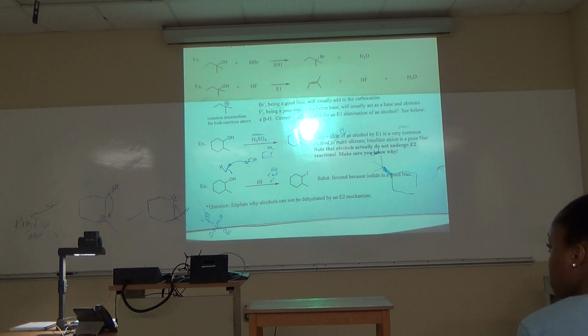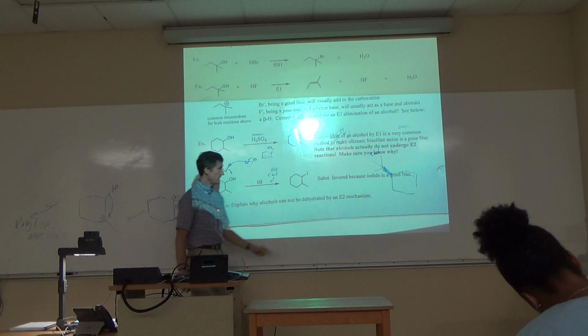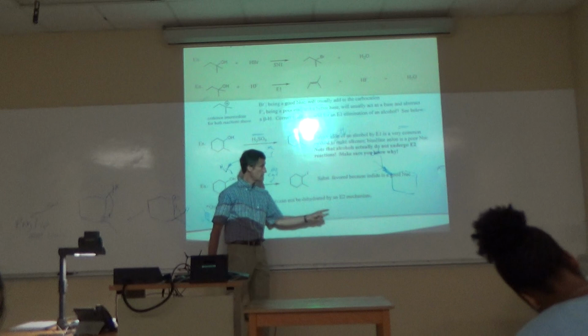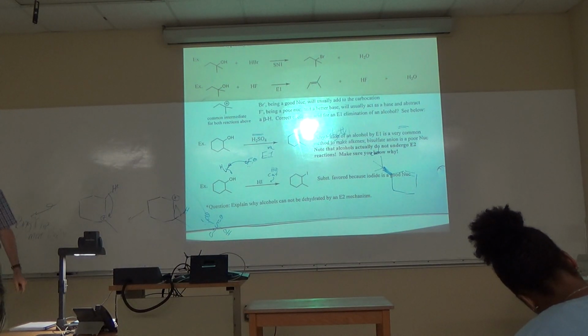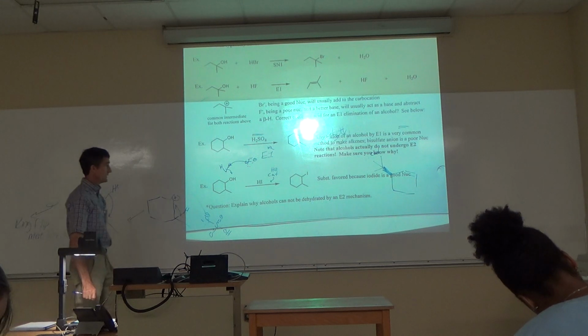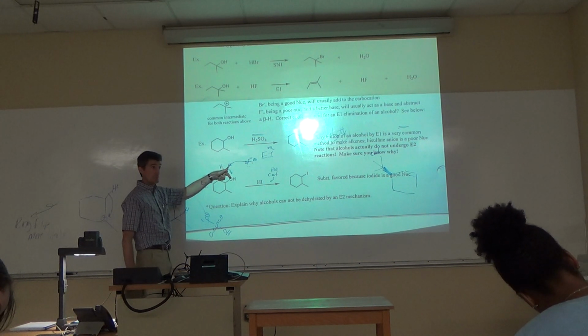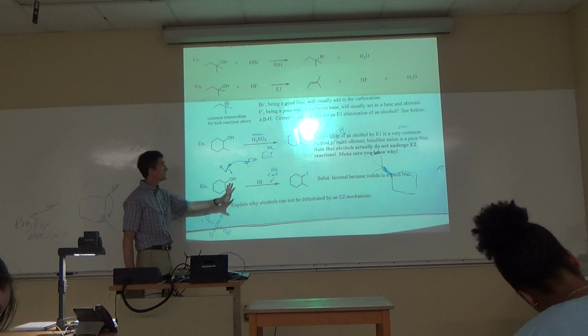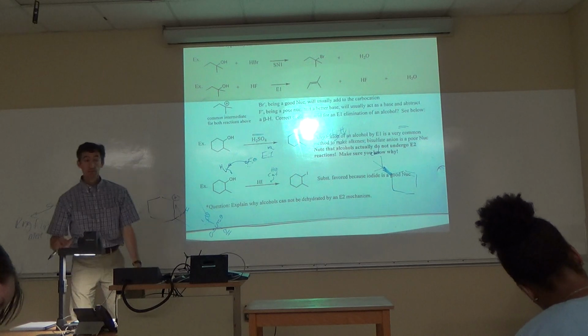But if you've got to have a strong acid, that means you can't have a strong base. Right? And since you can't have a strong base, you cannot dehydrate an alcohol by E2. You can't have strong acid and strong base at the same time. But OH requires a strong acid to protonate it. And so you have to do your elimination under strong acid, so it has to be E1. Right?